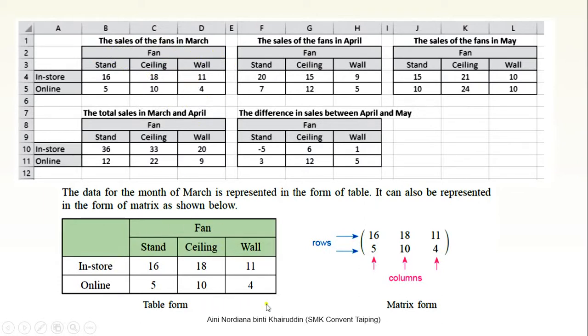This data we can write in the form of a matrix. The rows here are the in-store and online sales, and the columns are the types of fan: the stand fan, ceiling fan, and wall fan. So this is in the form of a matrix.